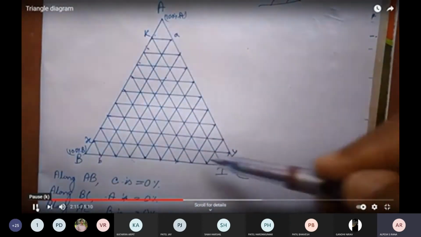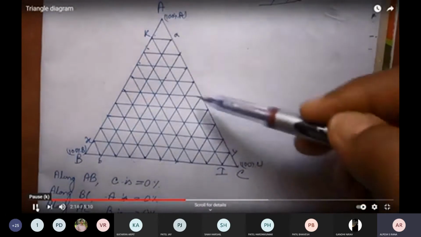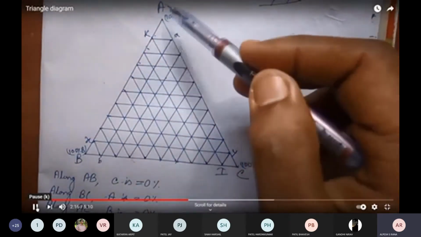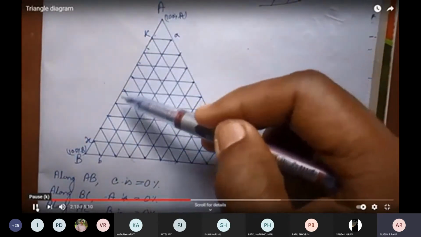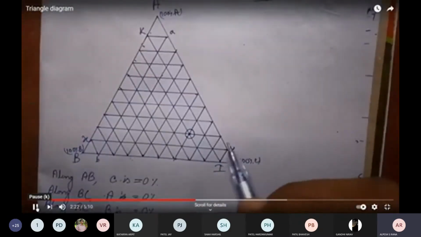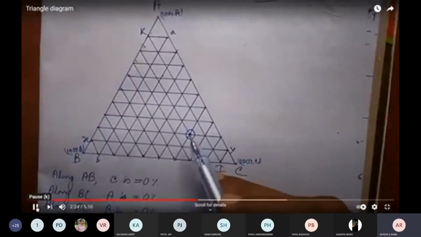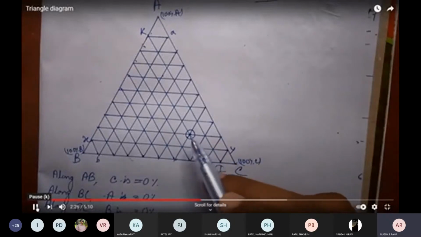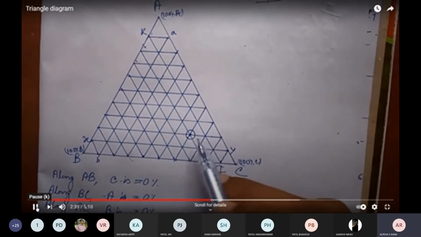So the concentration of C decreases along these parallel lines, and is 0% along the line AB. Now suppose we consider a point in this triangle, and we have to determine the concentration of A, B and C at this point.